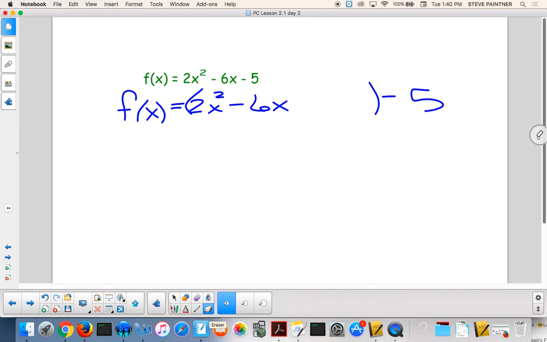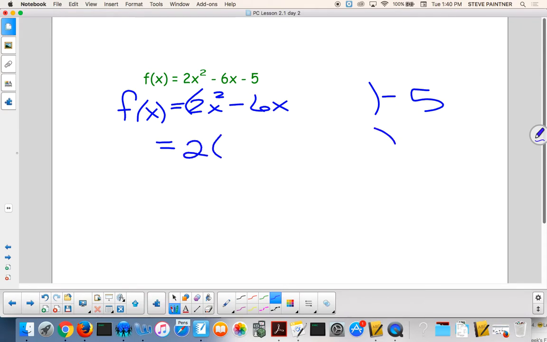Take 2 out of the 2x squared and the -6. So when you say take the 2 out, you're really telling me to factor it out. There you go. Factor out the 2. Whatever the coefficient is, if it's 2, factor out 2. If it's 3, factor out 3. If it's 1/2, factor out 1/2.